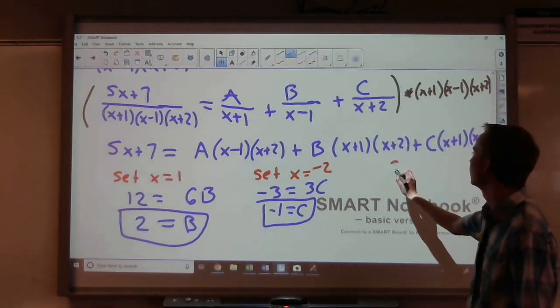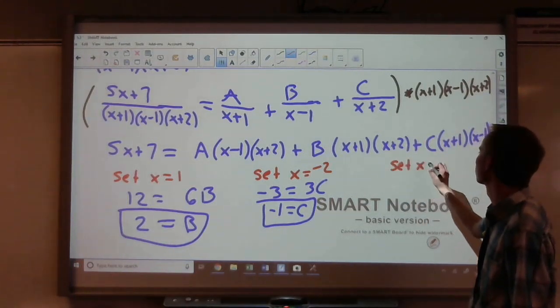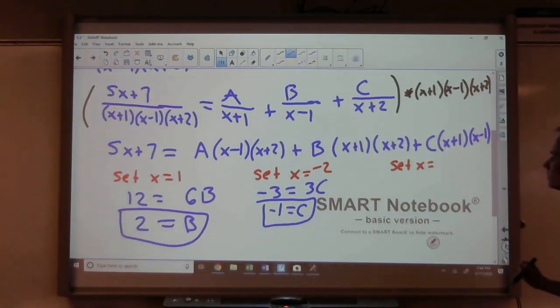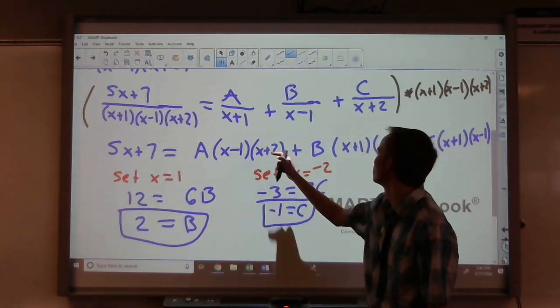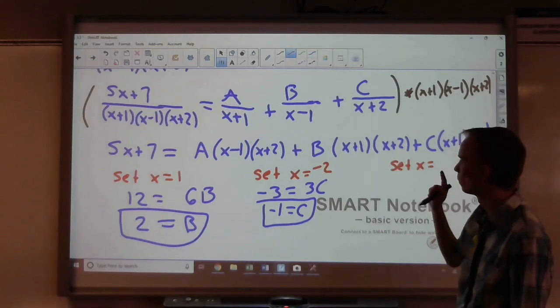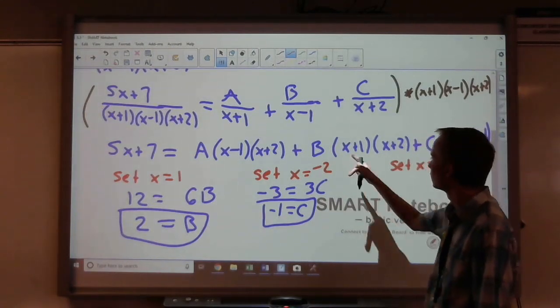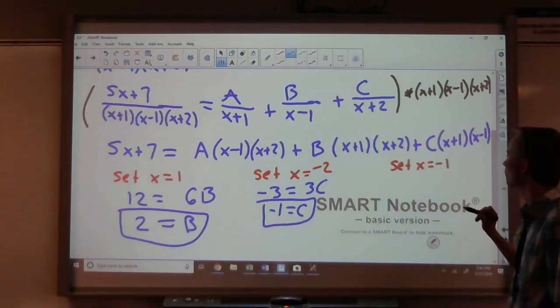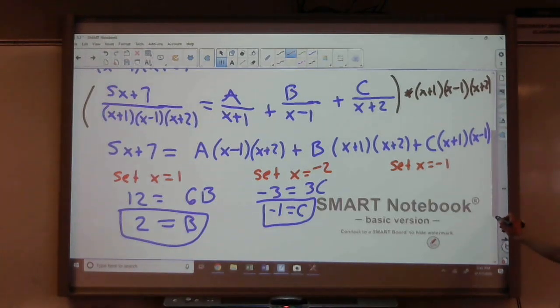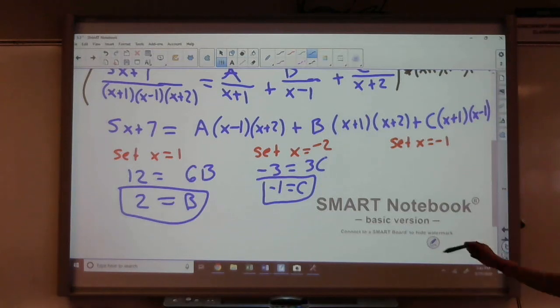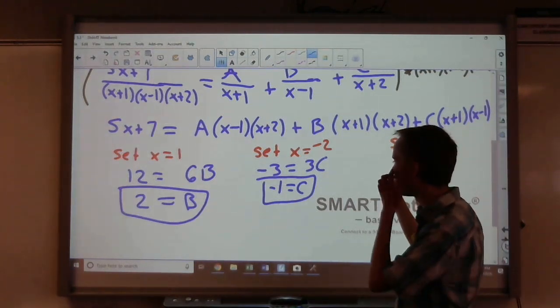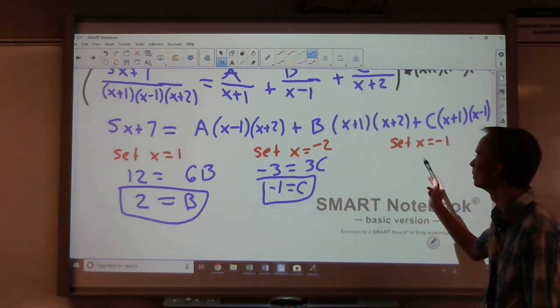And then lastly, set x equal to, well, we've already covered where those two are 0, so 1 and -2, so I'll plug in -1 into this equation to find what my last variable is, what A would be, okay?